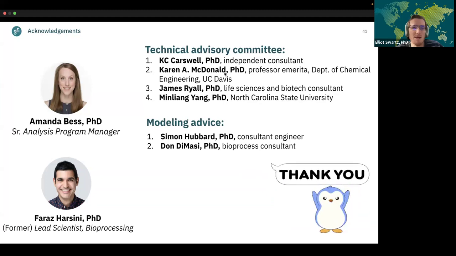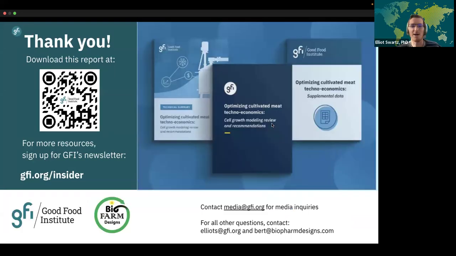Our technical advisory committee, Casey, Karen, James, Min Liang, who brought expertise in bioprocess and cultivated meat fields for feedback, and also modeling advice from Simon Hubbard and Don Damasi, as mentioned. So thank you for listening. Hopefully that gives you a flavor of what's in this report. We encourage you to read the full thing. And for now, we'll be happy to take any questions you might have.